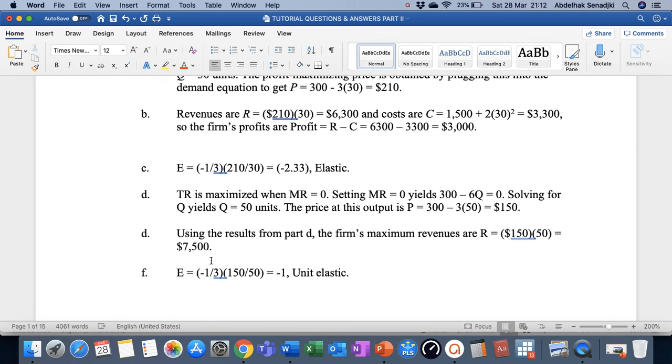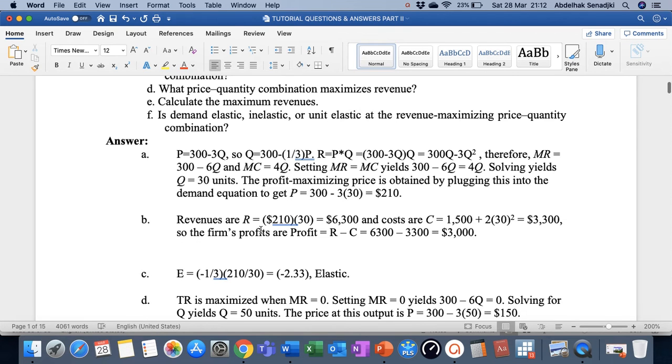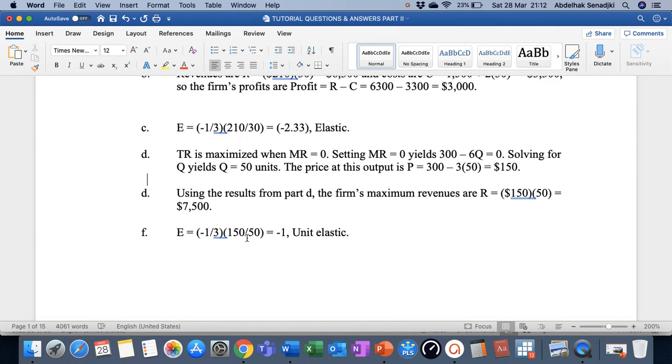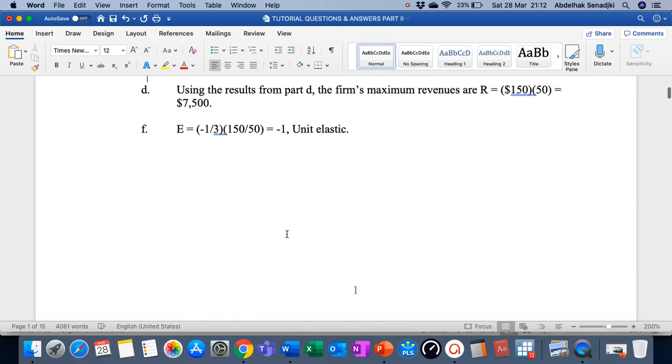E equals minus 1 divided by 3, the coefficient of price, times price divided by quantity. So minus 1 divided by 3 times 150, which is the price, divided by 50, which is quantity, is exactly minus 1. So it is unit elastic when you maximize your revenue. So this is for the first problem.